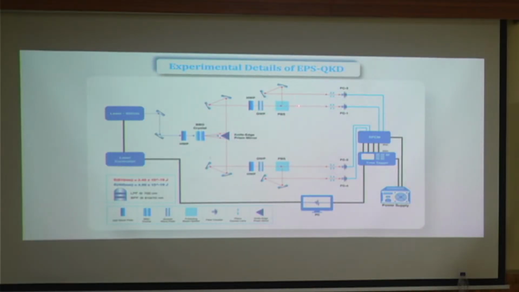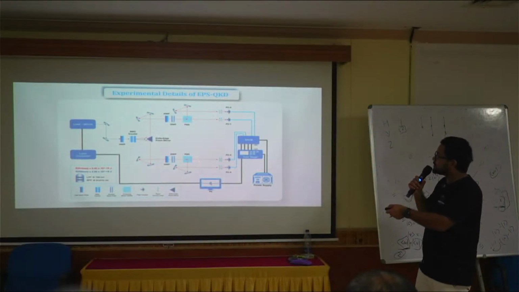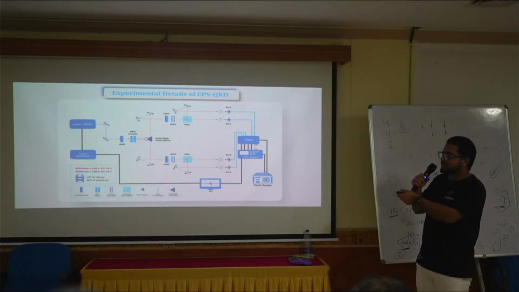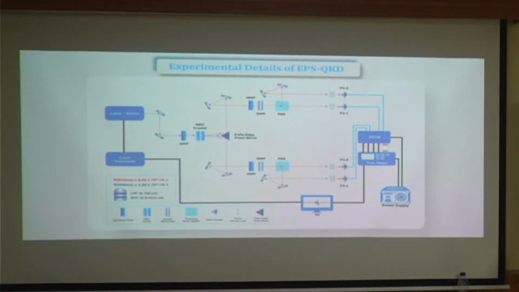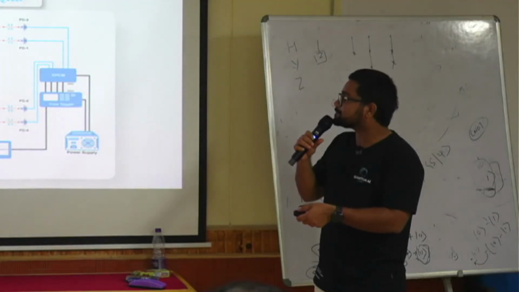And there are two detectors. By using those two detectors, we are conducting the Bell state measurement experiment, and by using a single photon detection system, we calculate the S value, and by using the S value we show the Bell inequality violation, and we show that we have entangled pairs.